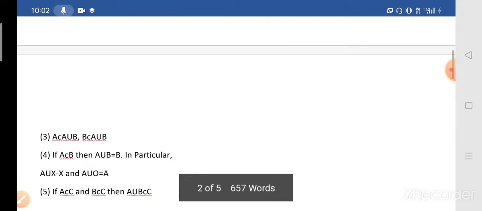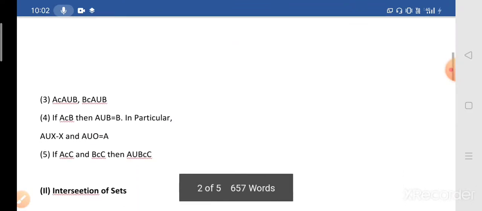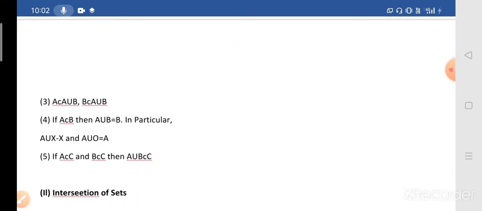Third, A is a subset of A union B and B is a subset of A union B. If A is a subset of B, then A union B is equal to B, that is a particular case. A union X is equal to X, A union phi is A. If A is a subset of C and B is a subset of C, then A union B is a subset of C. These are simple properties.